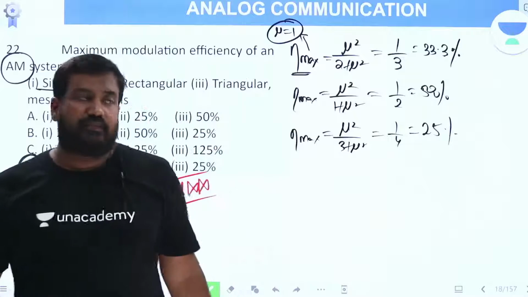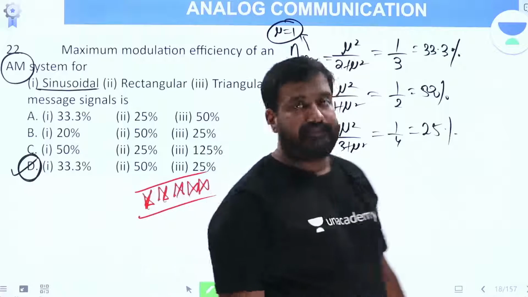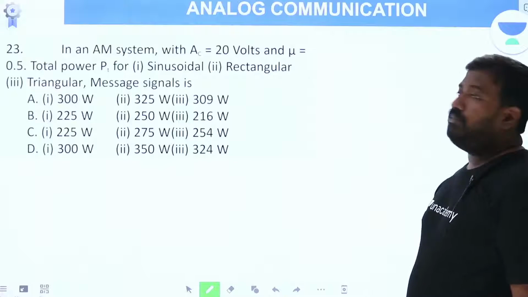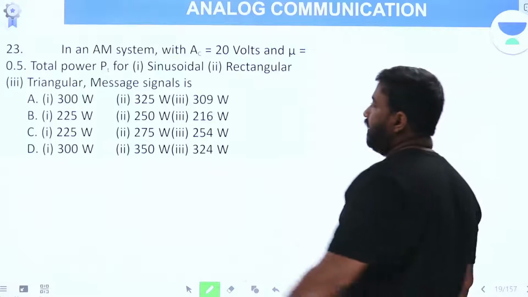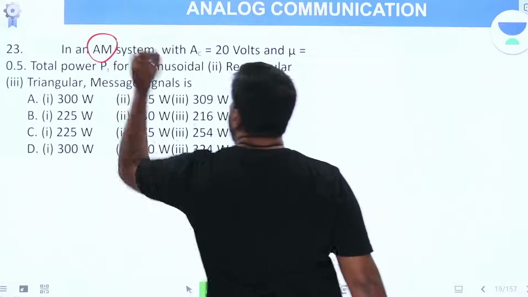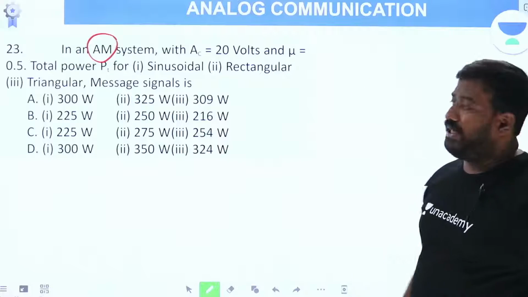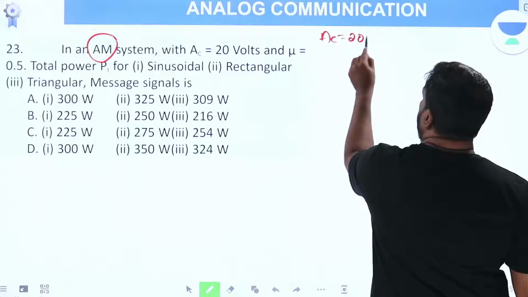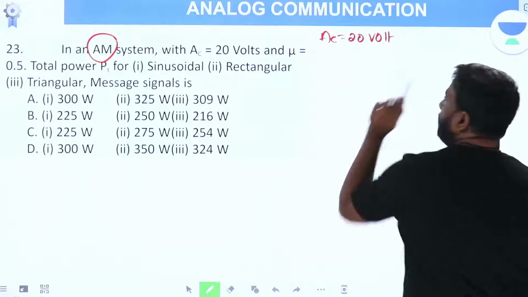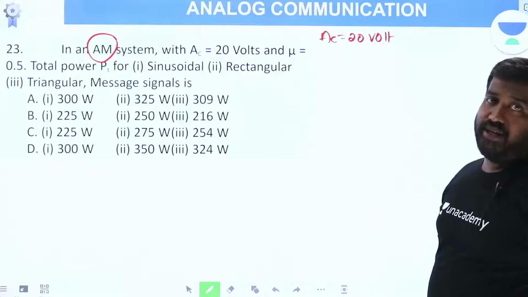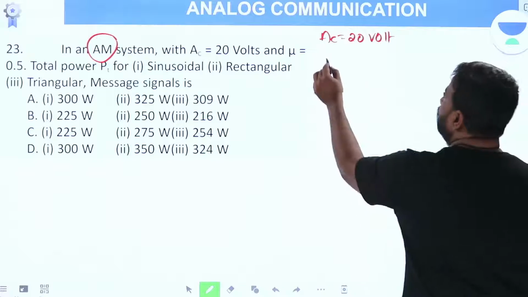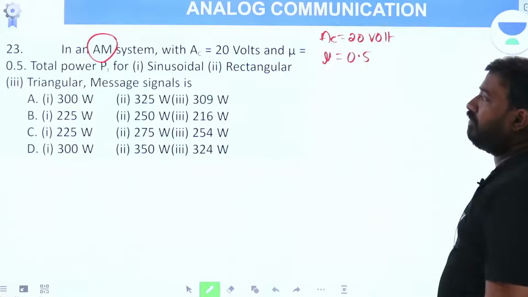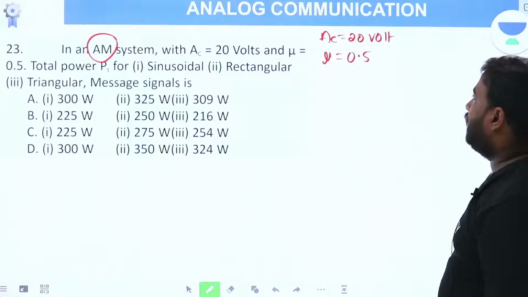Now, we'll solve one more question. Given is an AM system, Ac is equal to 20 volt, mu is equal to 0.5, and it asks for total power.